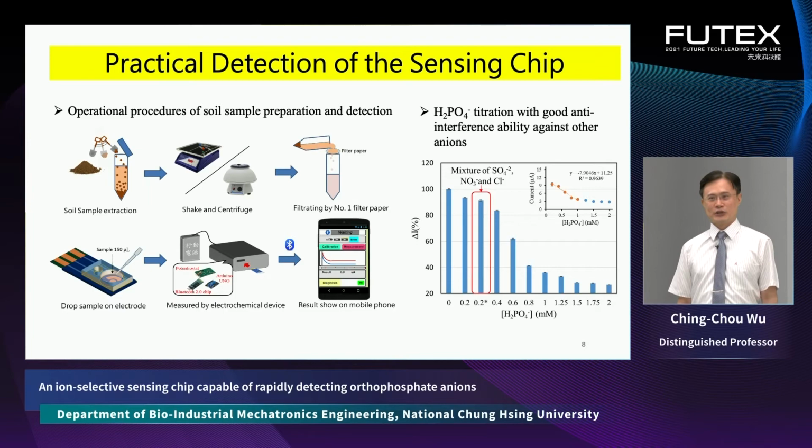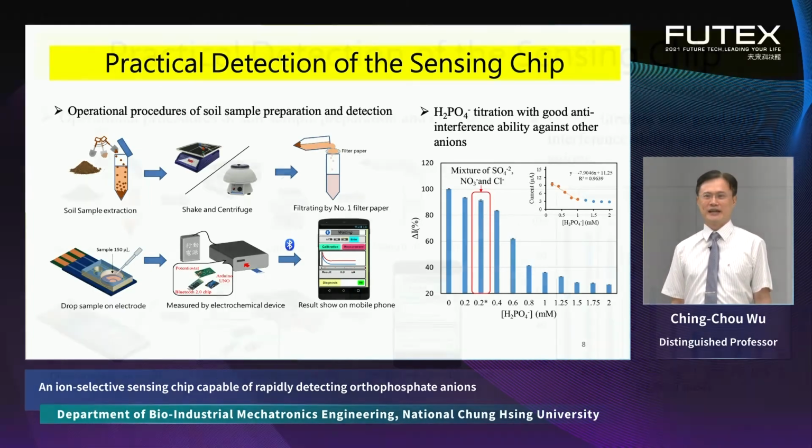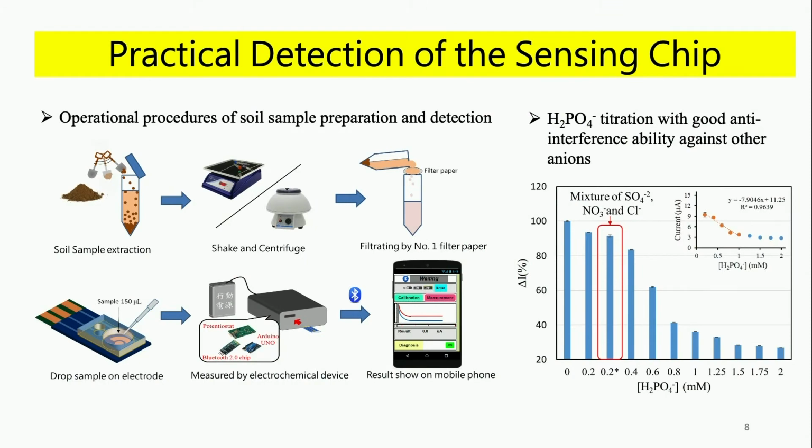And in the right-hand side picture, you can see if we drop the phosphate solution into the chip, the current will decrease as the phosphate concentration increases. The red brackets show that if we drop the mixture of interferences, like sulfate, nitrate and chloride ions, in the solution, there is no significant increase or decrease in the signal.